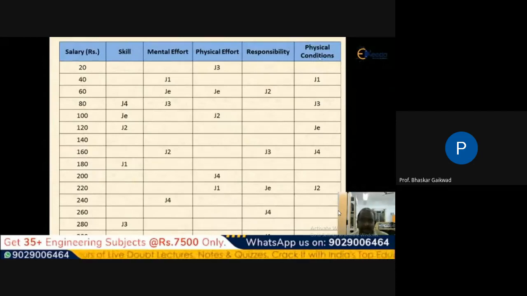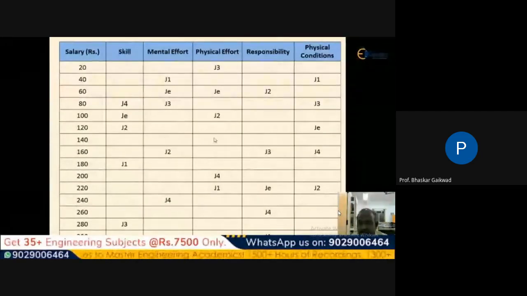Again, this has been decided on all five factors like mental effort, physical effort, responsibility, and physical conditions. So JE is going to be paid 100 rupees for skill, 60 rupees for mental effort, 60 rupees for physical effort, 220 for responsibility, and physical conditions is going to be 1.